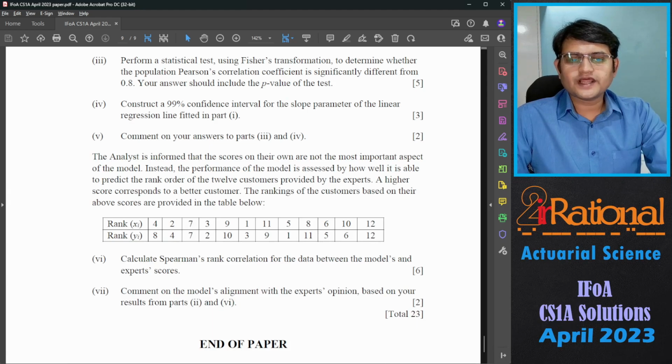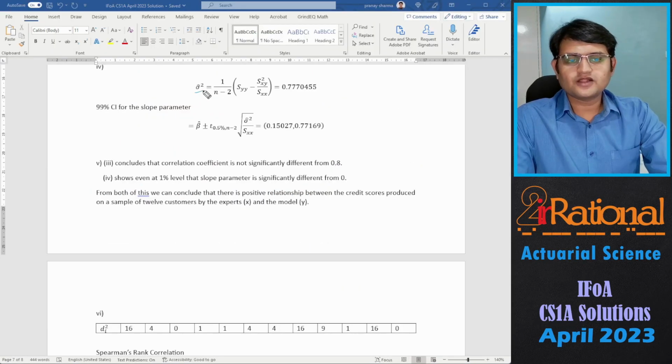Fourth part, construct a 99% confidence interval for the slope parameter of the linear regression line fitted in part 1. So slope parameter, that means we are talking about beta. We'll calculate sigma hat square, that is 0.777, and we'll use that to calculate the confidence interval for the slope parameter, that is our beta.